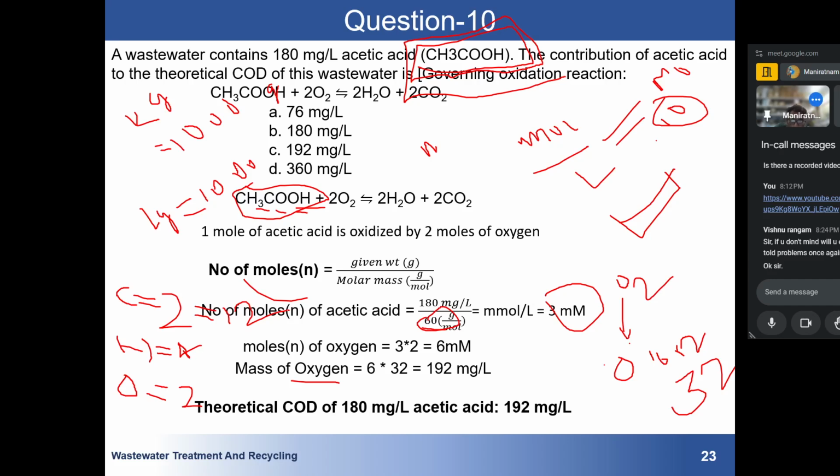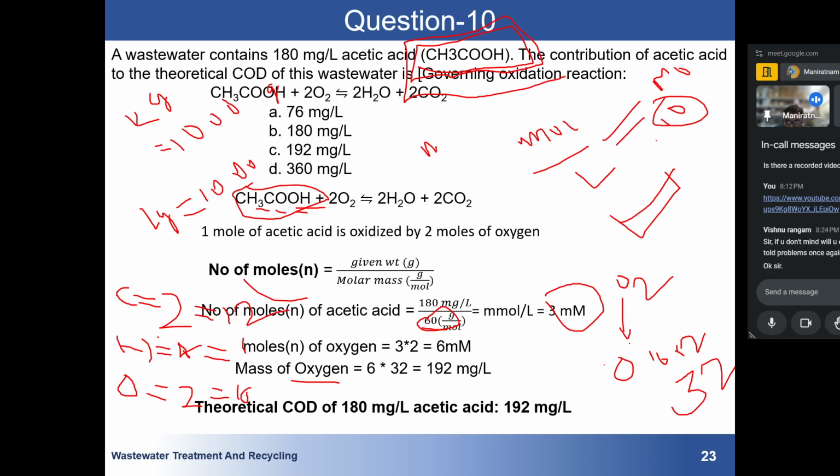You can check the periodic table for the molar mass of different elements. What is the molar mass of hydrogen? It is 1. And what is the molar mass of oxygen? It is 16. This was the molar mass of a single element.